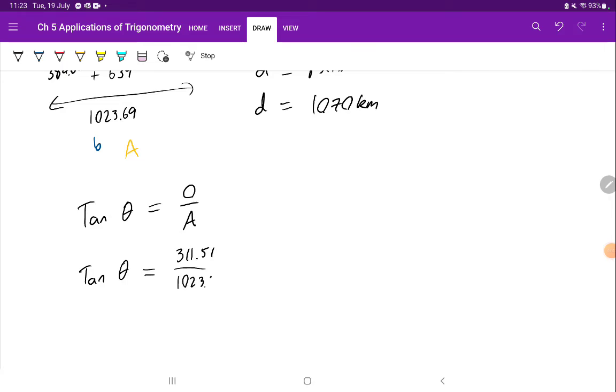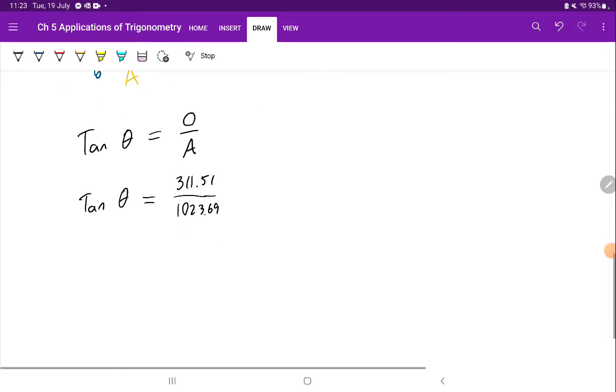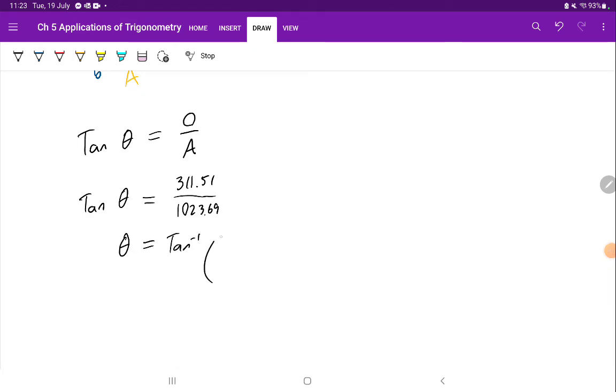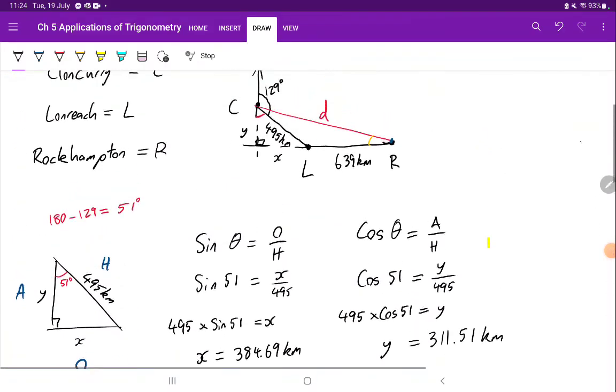Move tan to the other side, make it tan negative 1. And this gives us our angle, 16.92. Let's round that to 17 degrees. And so the bearing, remember, that's not our bearing. It's 270, because remember, we're actually measuring from here all the way around.